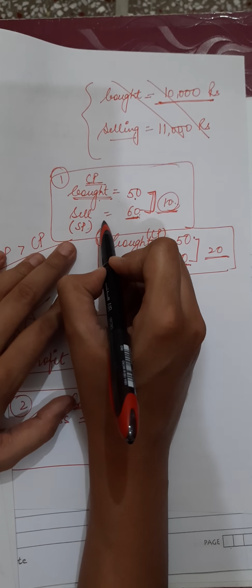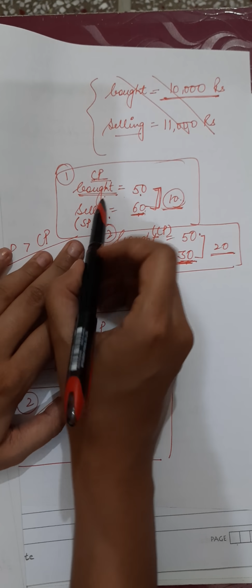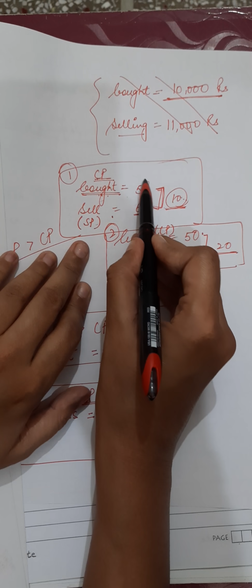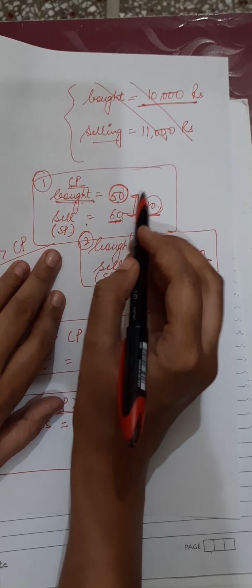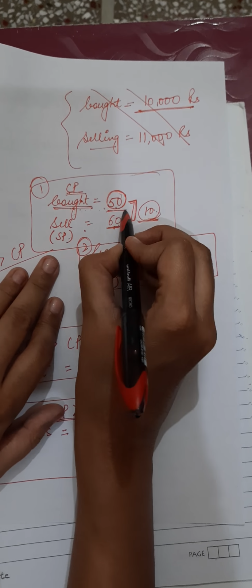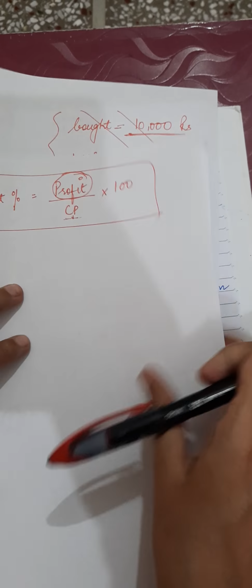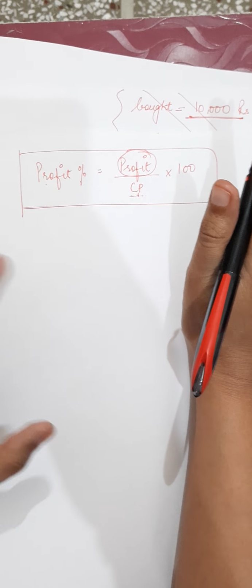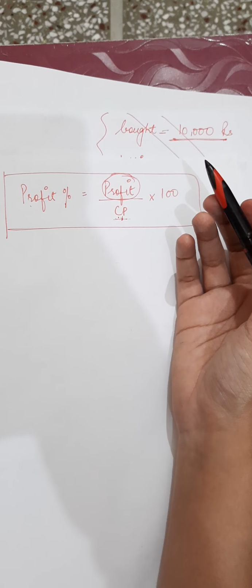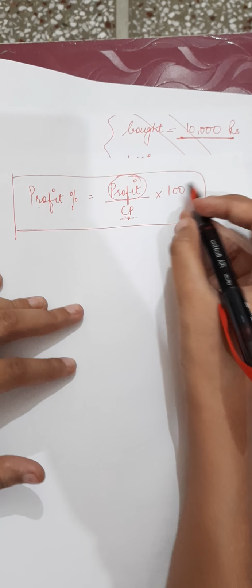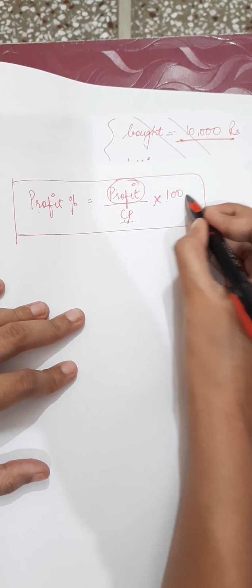Here I was able to tell you that I was at a profit on the basis of CP, because 50 was the fixed amount which I bought from the market, right? So CP is the only measurement on which I identify whether I have got profit or loss. That's why CP will come in the denominator, and since we have to find the percentage, we always multiply by 100.